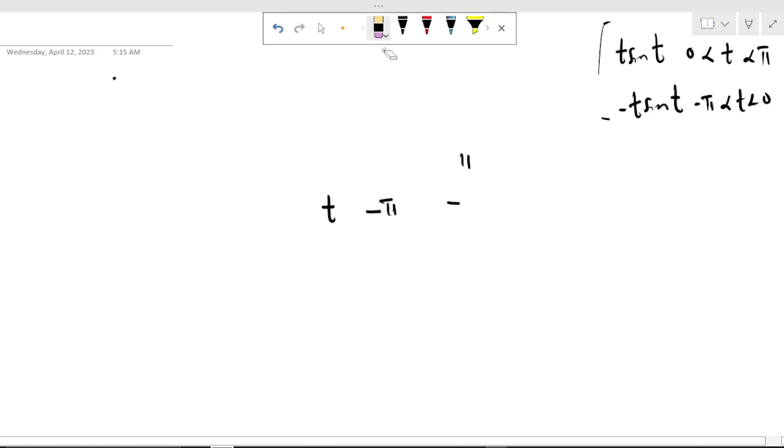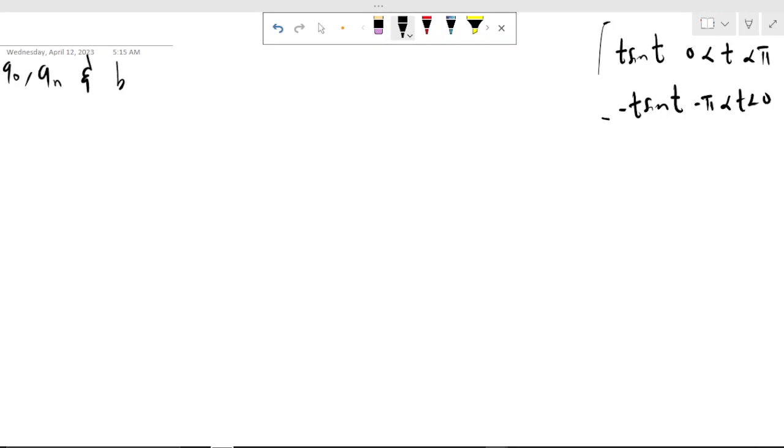Like I said in the first tutorial, whenever we have to find a Fourier series, we basically need to find three terms, which are a naught, an, and bn.